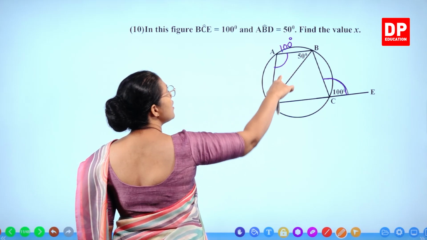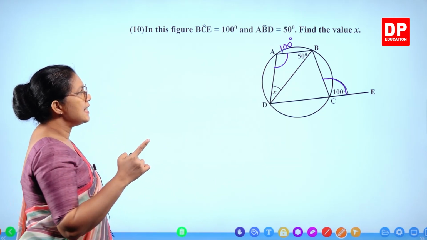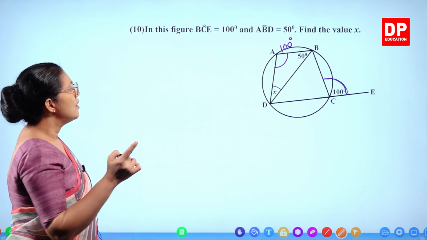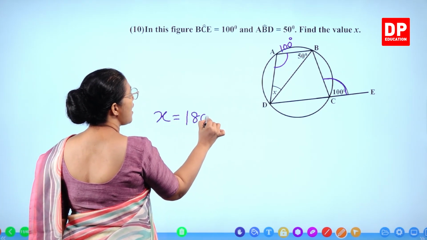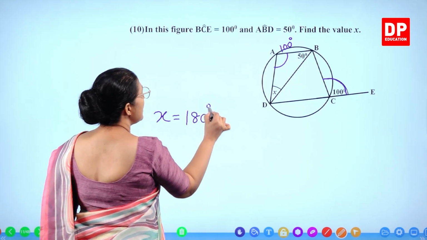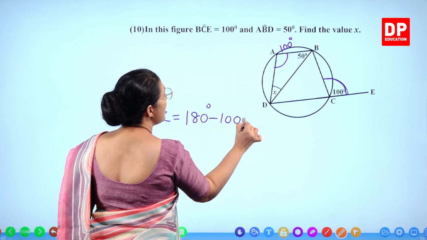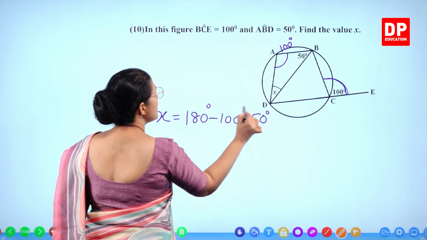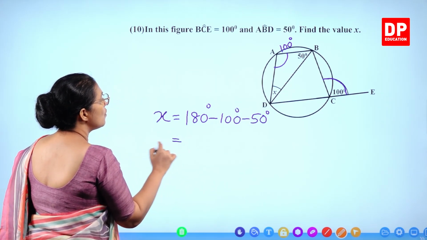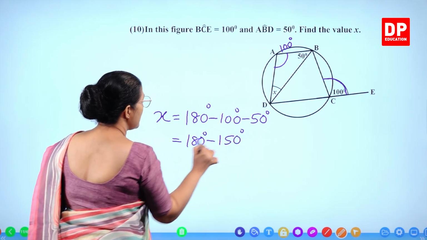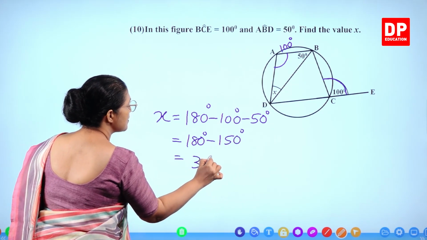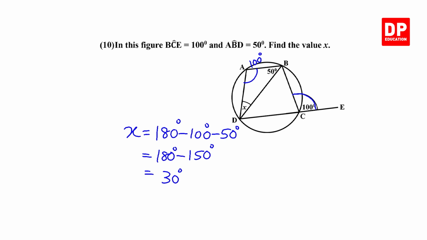And then we can use the triangle ABD and find out the x value. So what is x? The sum of angles in a triangle is 180 minus 100 and another 50. So 180 minus 150, you get 30 degrees. So 2 marks for that.